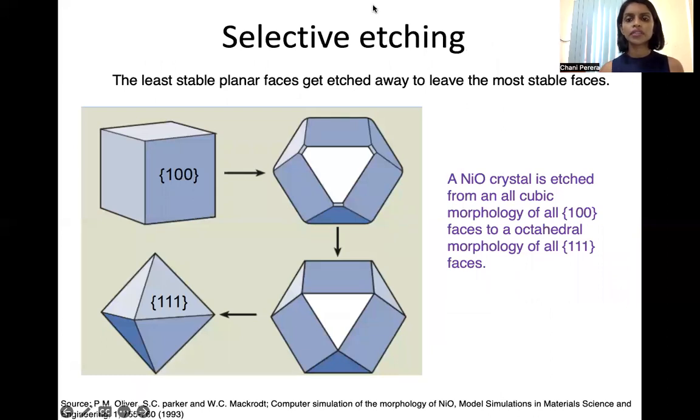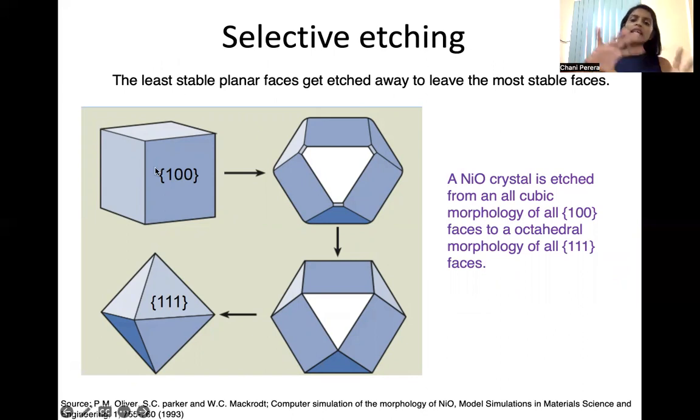Selective etching means, let's take a nickel oxide crystal and we are going to etch it. First, we take the cubic nickel oxide crystal, and when we etch it, what happens? The 100 plane is not that stable. It's not the most stable one. The most stable one is the 111 plane. So what happens?